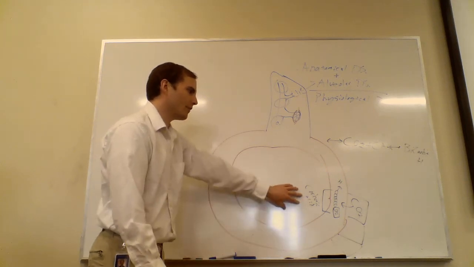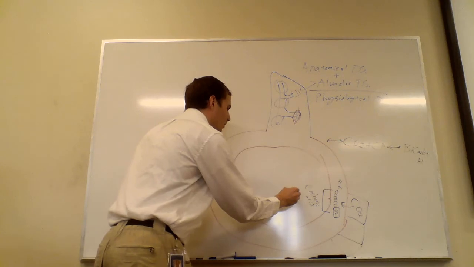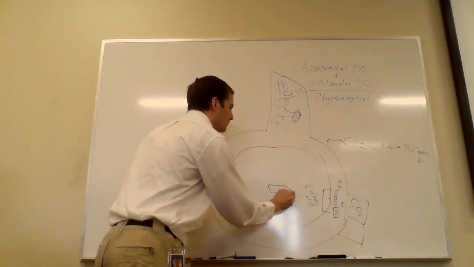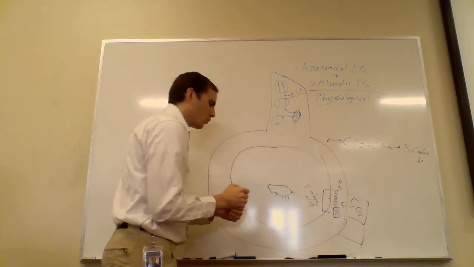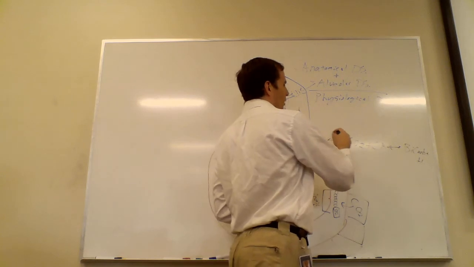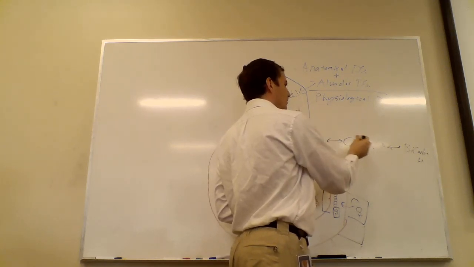Basically, the Bohr effect, which, here's a boar with tusks. Here's his tusks, snout. It's water and CO2. Water and CO2 are added to make carbonic acid.